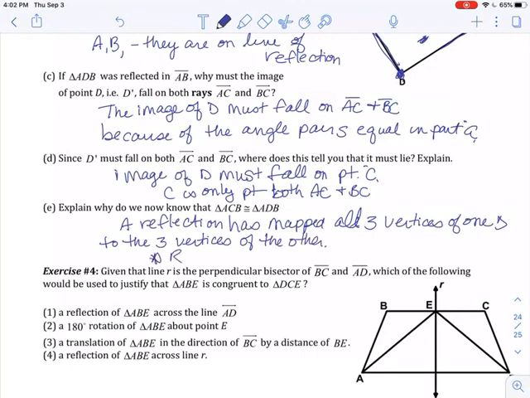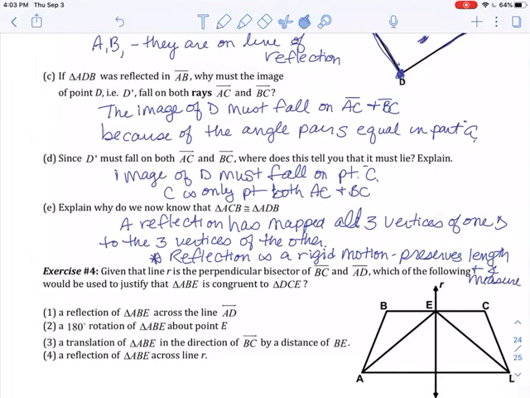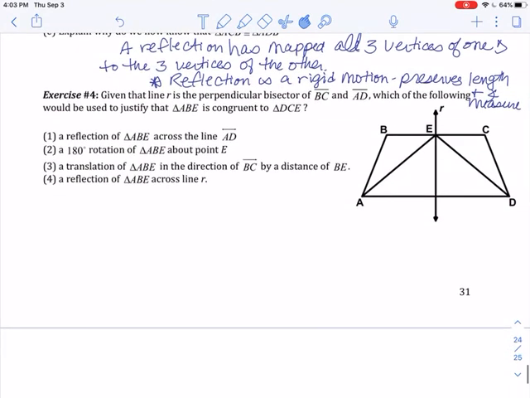And remember, this is the important part, a reflection is a rigid motion. It preserves length and angle measure. On the regions, you will absolutely have a question that is going to deal with rigid motion and the fact that it preserves length and angle measure.